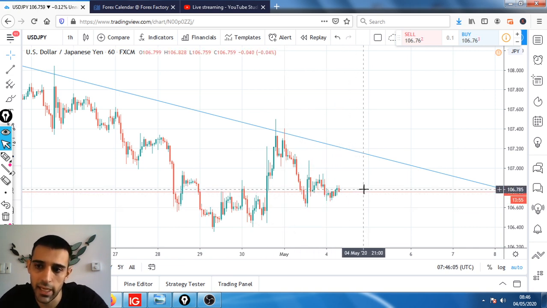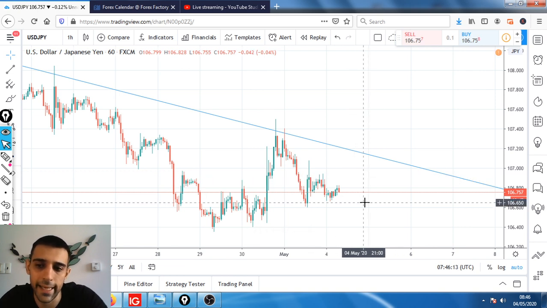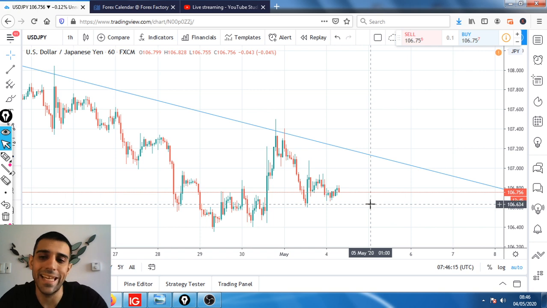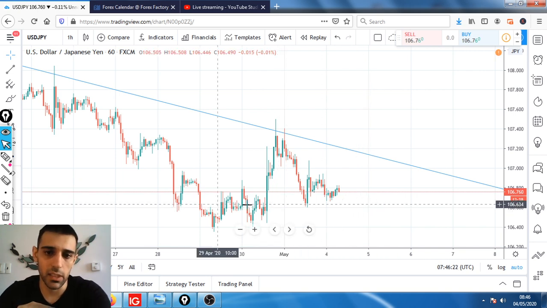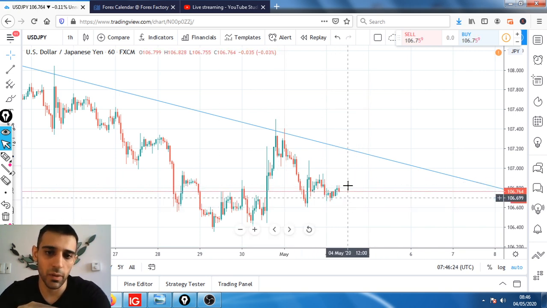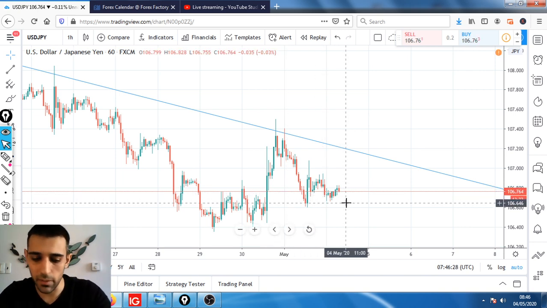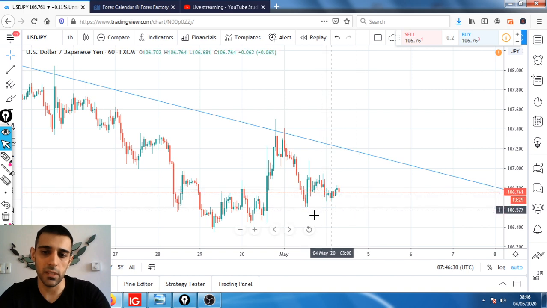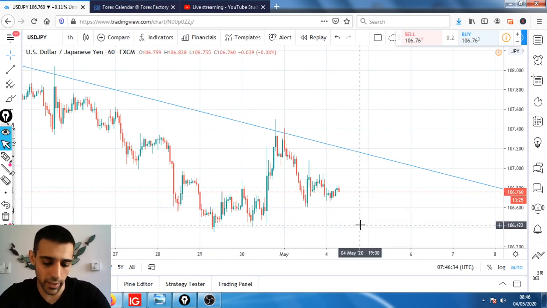So the entry is at 106.75 with a 20 pip stop loss, positioned around 106.95 roughly, and our target is going to be 105.90. So a 20 pip stop loss and an 85 pip gain on this one. But first, I do want to emphasize that the price has to come down and close as a bearish candle. Otherwise, if it doesn't do that, we're not going to take the trade, and it's going to require more observation.